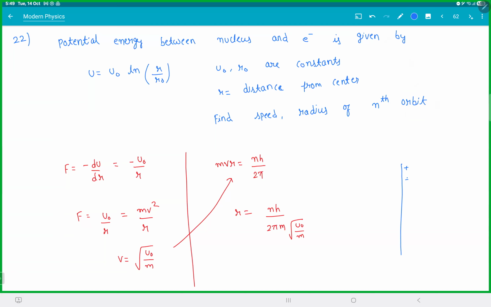Infinite line charge. If you take an infinite line charge, then the field is 2k lambda by r.